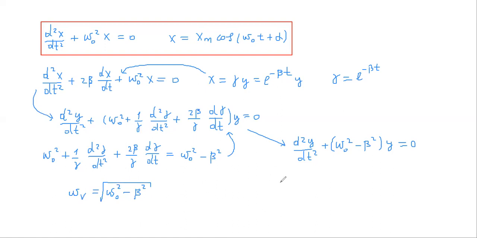So after using this notation, we have obtained that d2y by dt 2 plus omega v squared y is equal to 0.